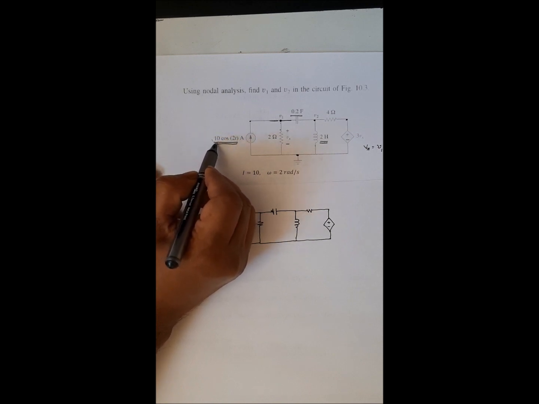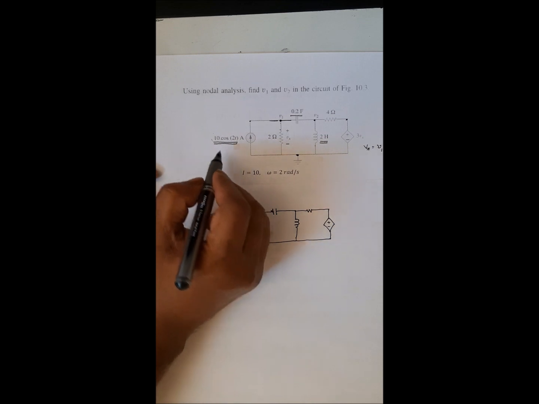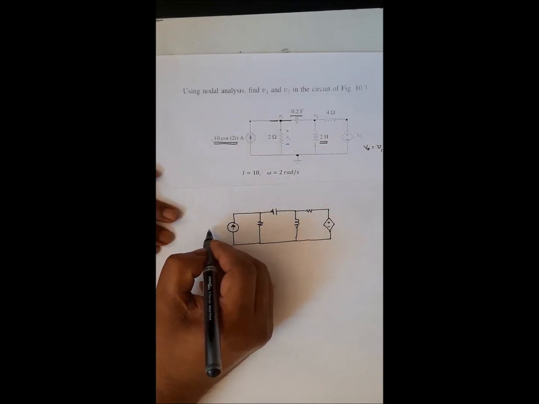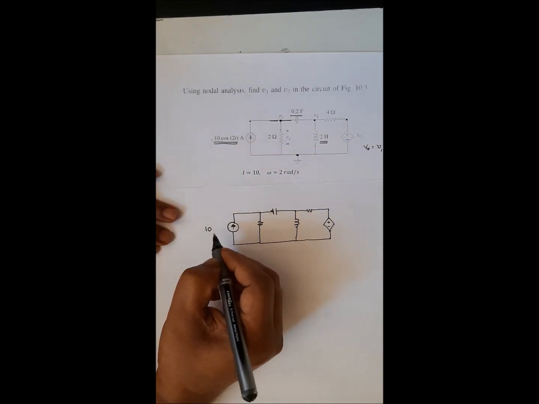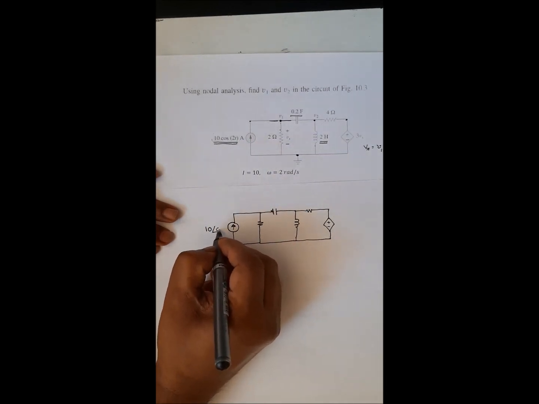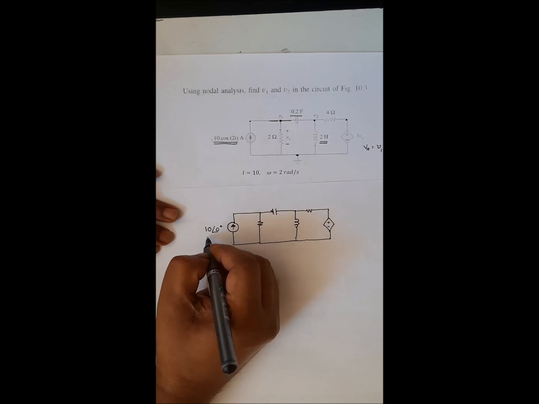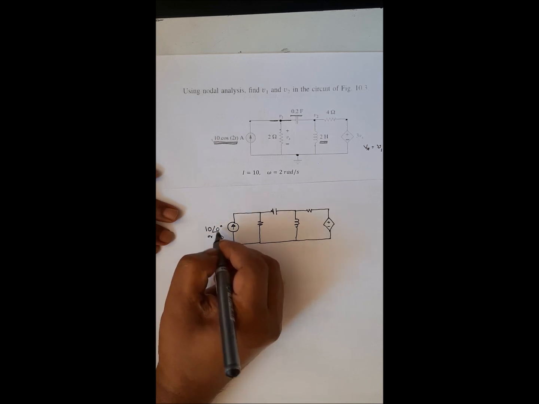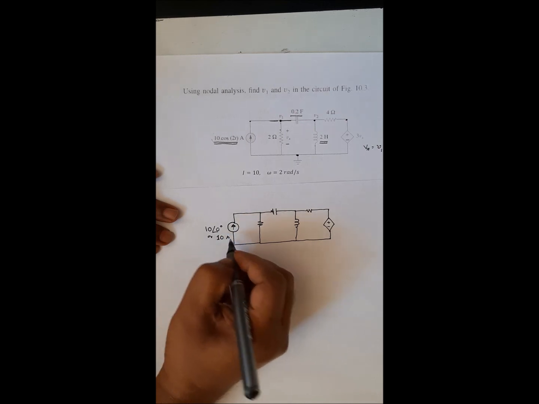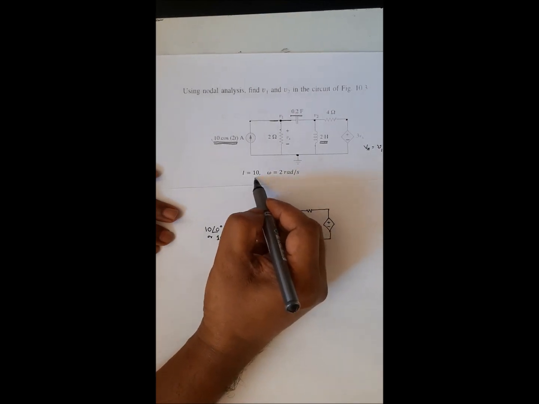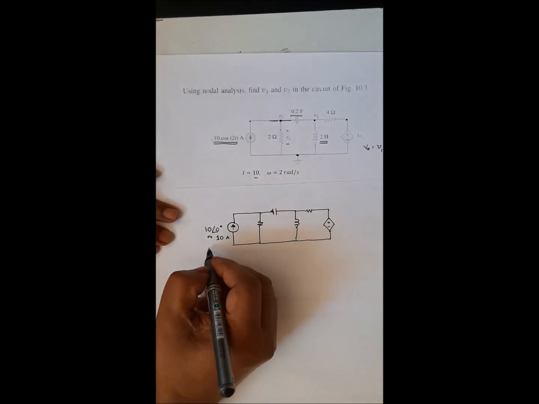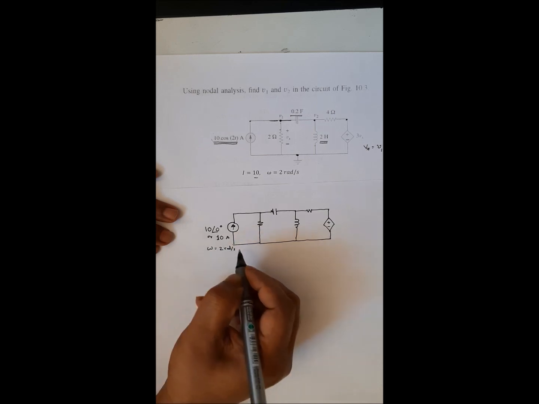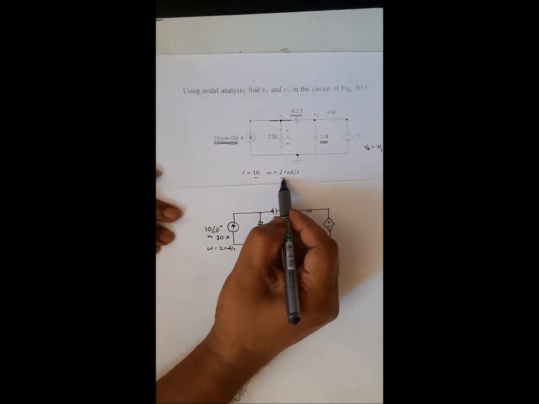So 10 is the amplitude of this current source. We write 10, and there is no phase angle, so the phase angle is 0 degrees. Simply you can write 10∠0° or 10, because 0 degrees has no mathematical contribution, so you can write 10 amperes. This is AC, and the frequency of this is 2 radians per second.